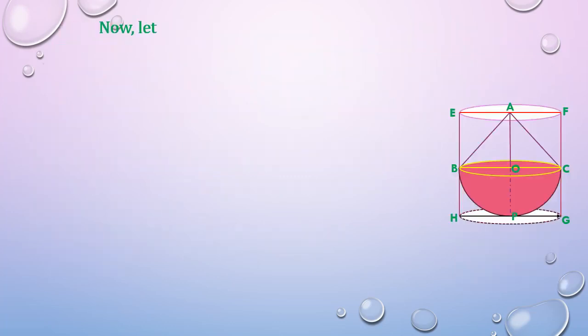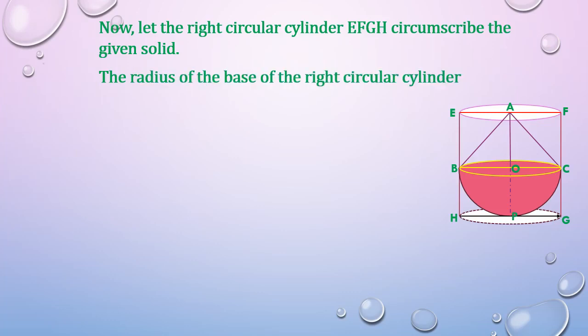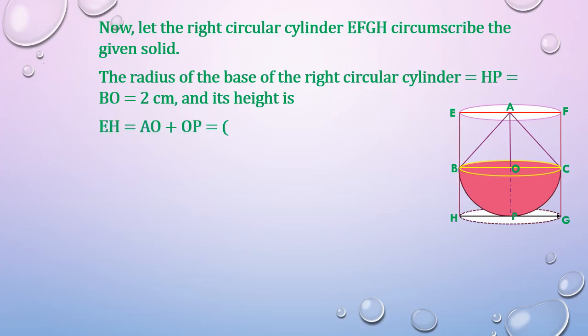Now let the right circular cylinder EFGH circumscribe the given solid. The radius of the base of the right circular cylinder is equal to HP is equal to BO is equal to 2 cm and its height is EH is equal to AO plus OP is equal to 2 plus 2 cm is equal to 4 cm.